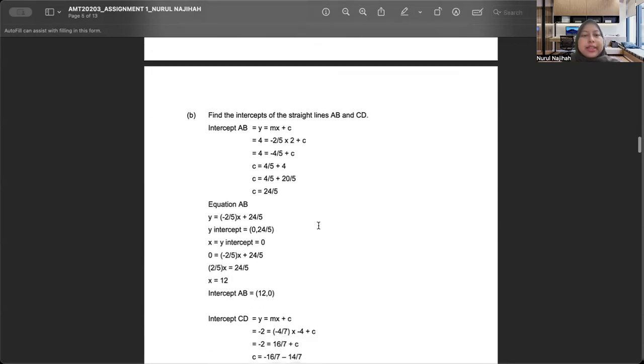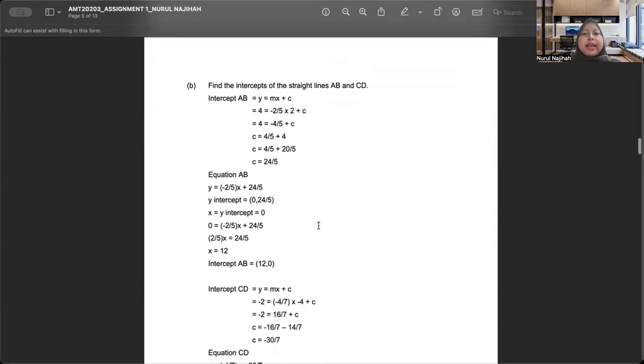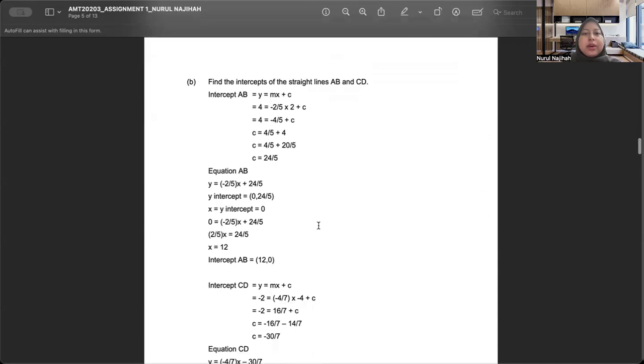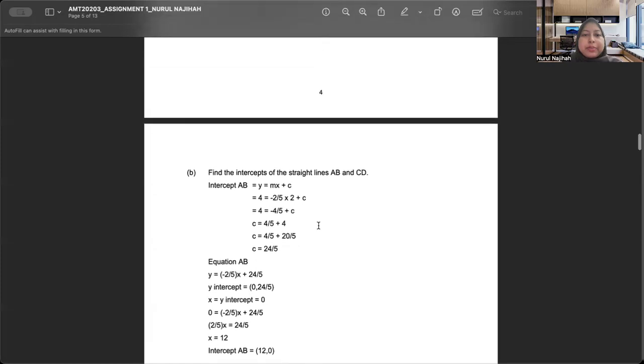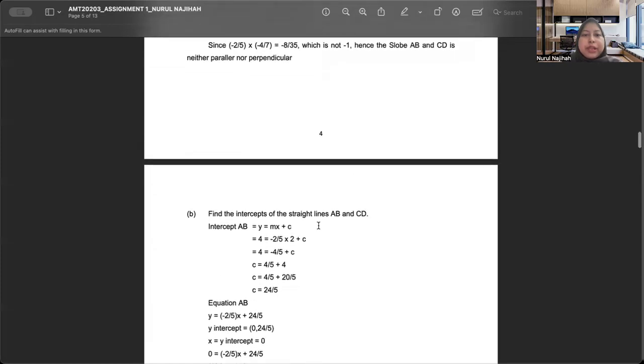So the next question is to find the intercept of the straight lines AB and CD. For AB, we use y equals mx plus c, where we can substitute whichever point we want.